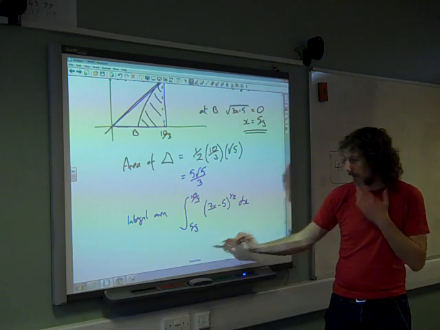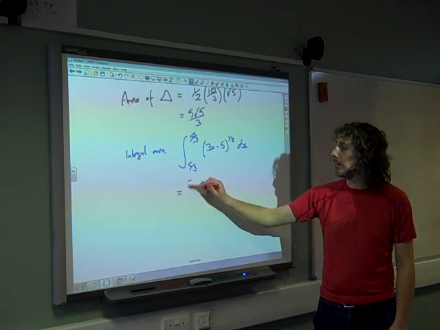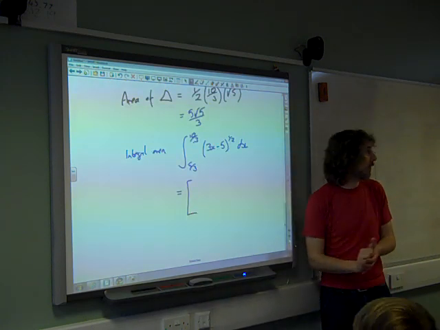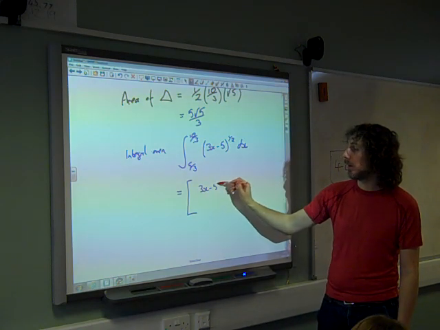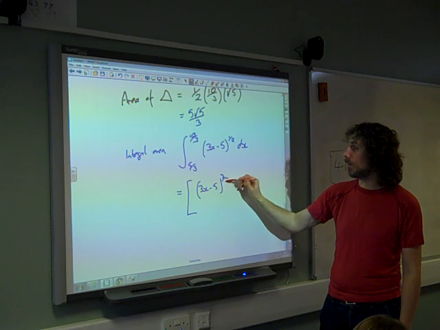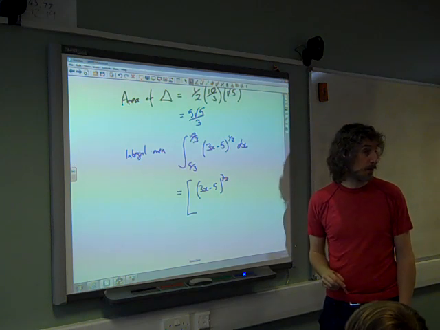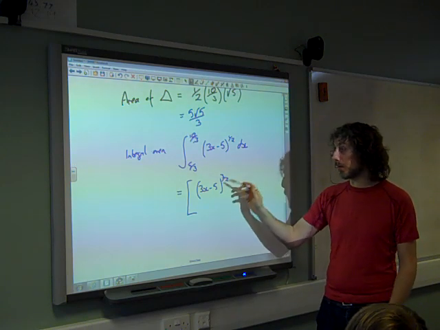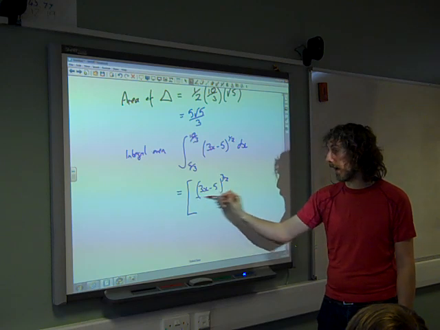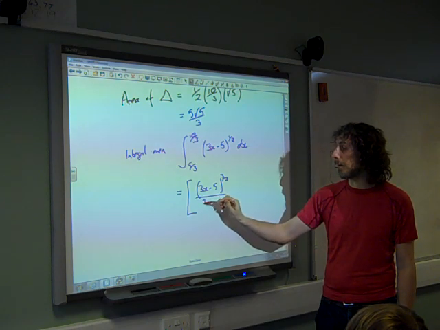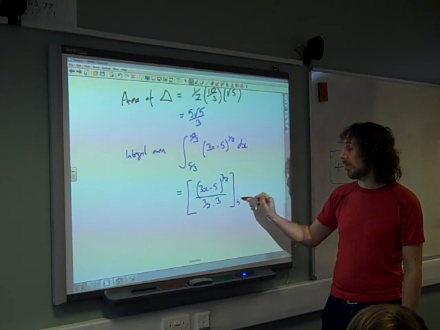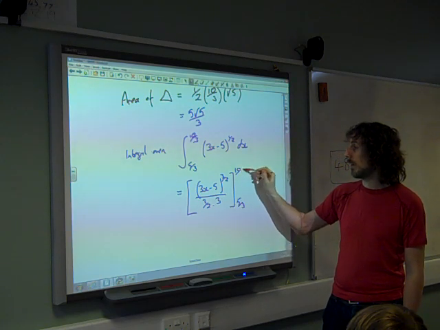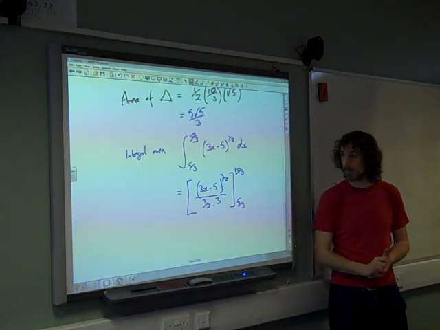So let me integrate that. Remember when we do integration between limits, we need to add 1 to the power, which would make it 3 over 2. We need to divide by the new power, and also multiply by the coefficient of x. So that's divided by 3 over 2 times 3, between 5/3 and 10/3.